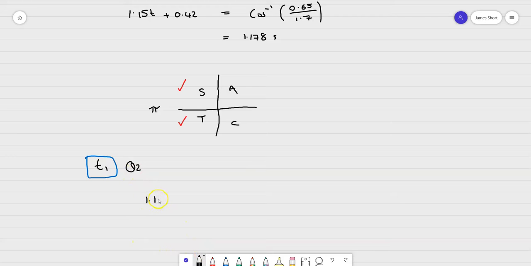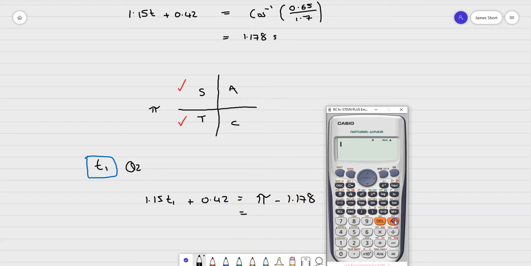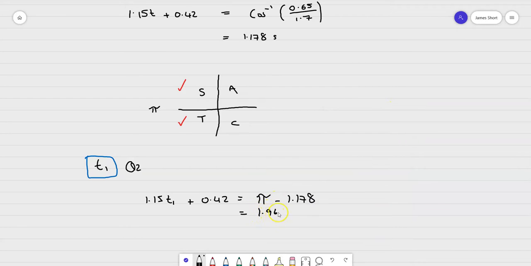So 1.15 T1 plus 0.42 is equal to pi minus this 1.178. Now on the calculator, pi minus 1.178 gives us 1.964 to 3 decimal places, in seconds.